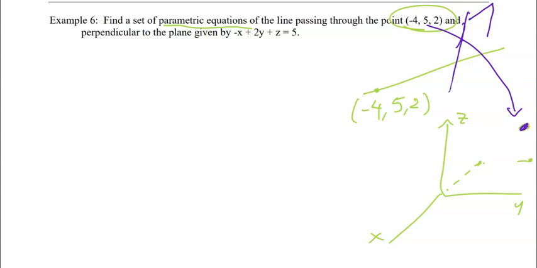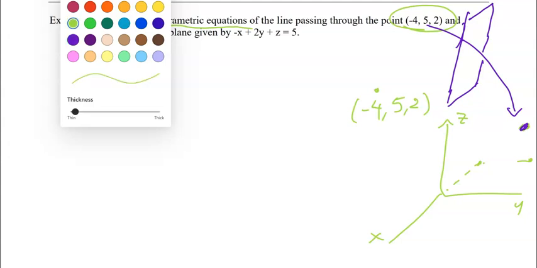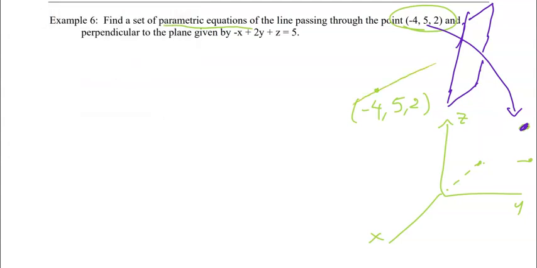There is a plane here, it goes here. So this line goes like that, coming from here, right? So that's the perpendicular here.